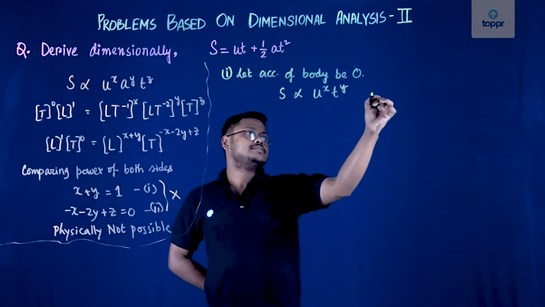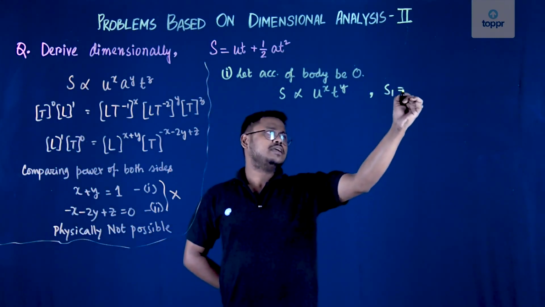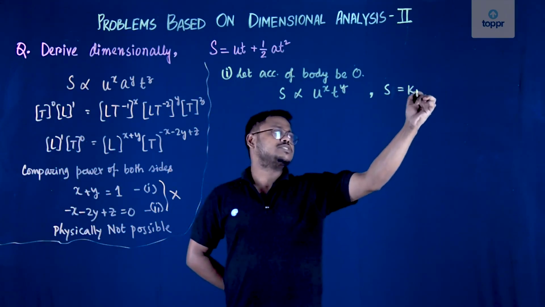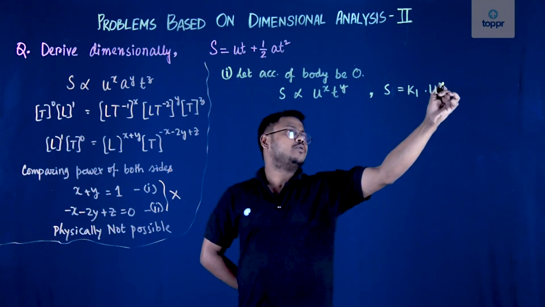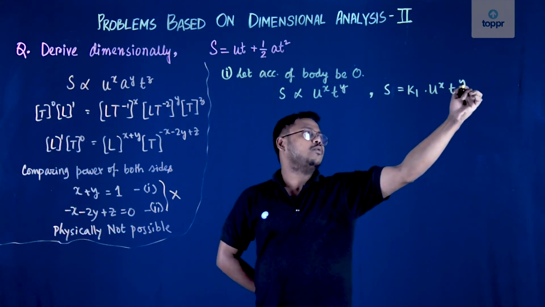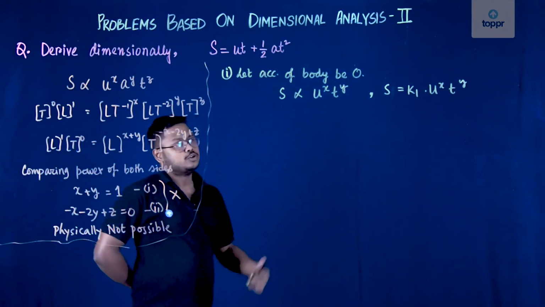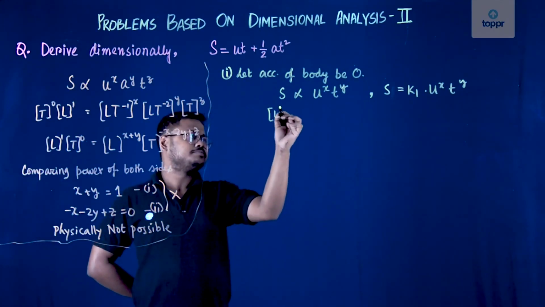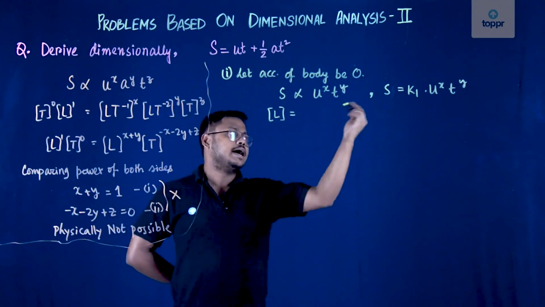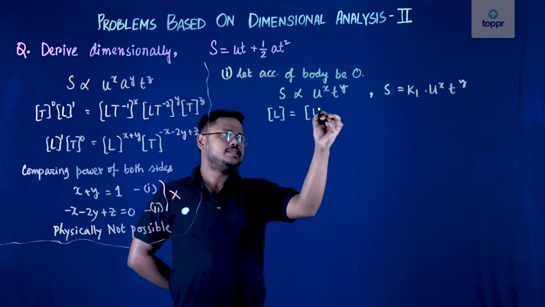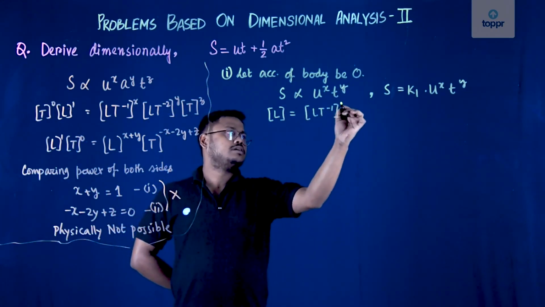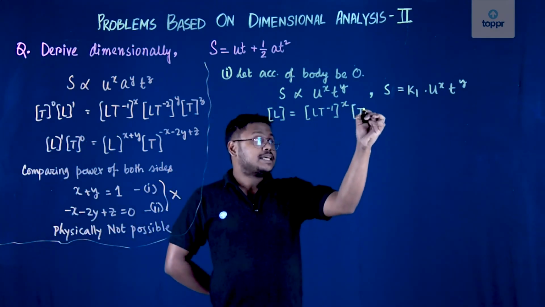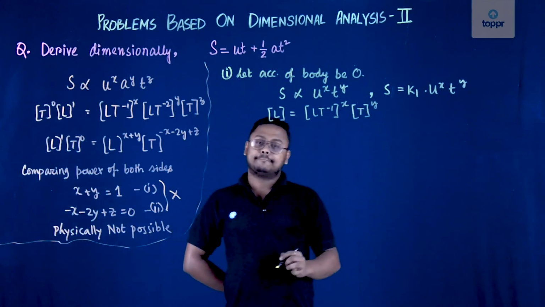Or we can write it as, let the constant be k1, s equals some constant k1 into u to the power x, t to the power y, right. So again, let's follow the same path: the dimension of s is L, which is equal to the dimension of velocity, that is L t to the power minus 1 raised to x, times the dimension of time, that is capital T raised to y, right.